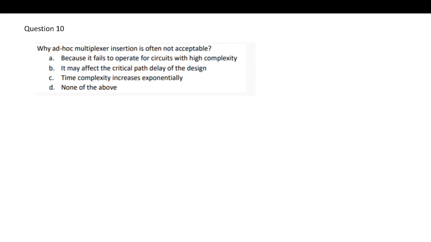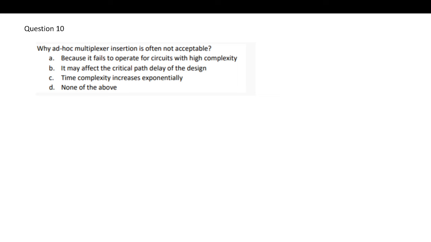So next question is why a multiplexer insertion is often not acceptable. We discussed built-in self-test, which is the best, and also structural based testing, where the common method is the scan based method.